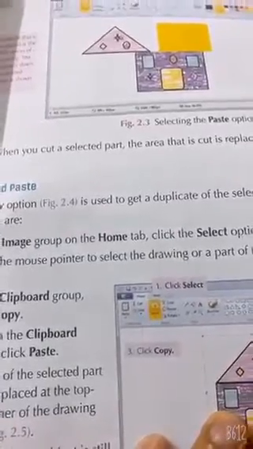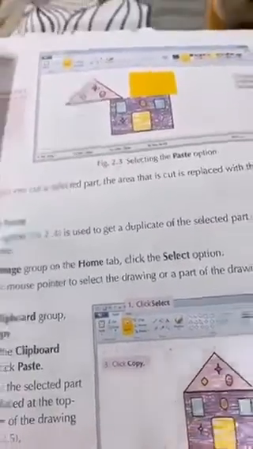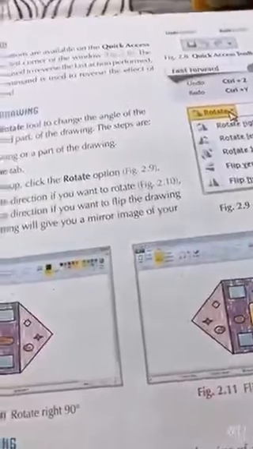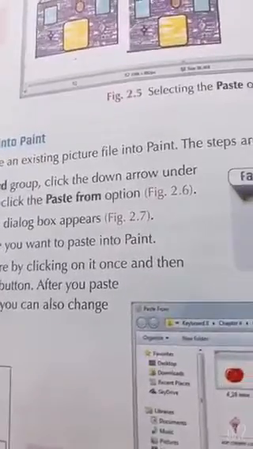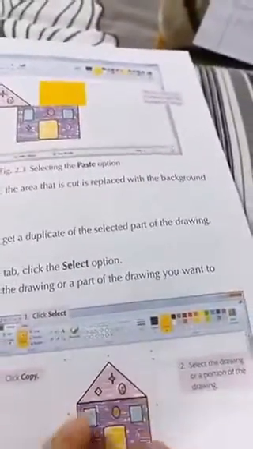And likewise, for paste, we have Ctrl plus V. By pressing these keys, we can paste our drawing. Like here we have selected this drawing, and in the other drawing we paste it.